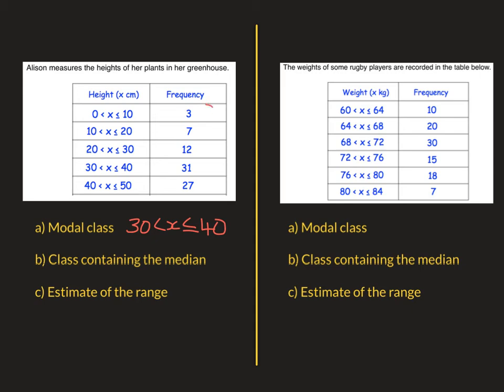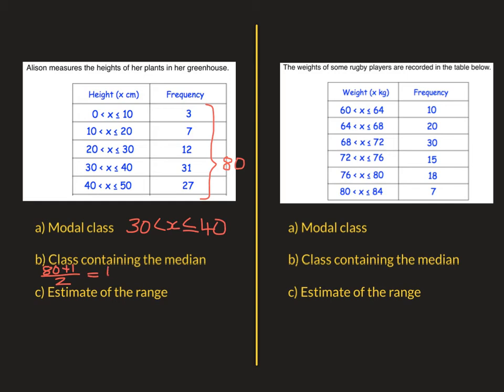Well, in total, there were 80 plants measured. We can always find out how many there were just by adding up the frequencies. So there are 80 values, so add 1 and halve it.